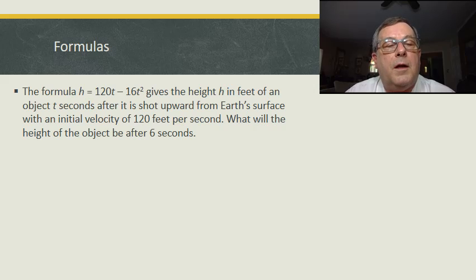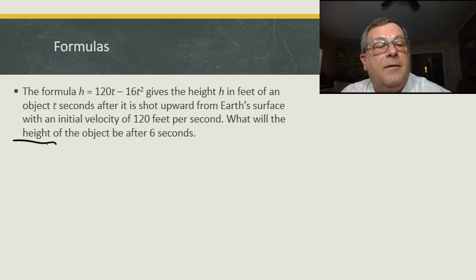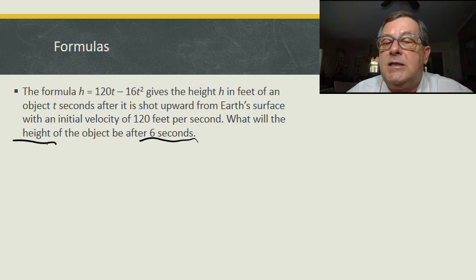So our formula here is H equals 120t minus 16t squared, and we're being asked to find the height of the object. The height is determined using this formula after t seconds, and we've got 6 seconds. So what will the height of the object be after 6 seconds?